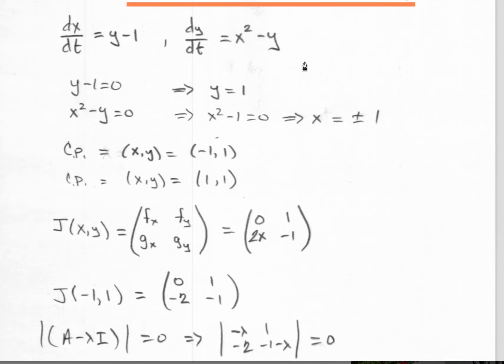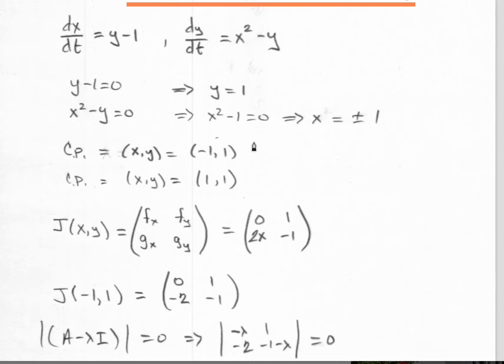And so what we can do is use the Jacobian matrix technique to figure out what's happening around these critical points. Now I want to mention that analytically we may not be able to solve this differential equation. That may not be possible in some analytic or closed form. However, we can still get a sense of what should be happening around the critical points.